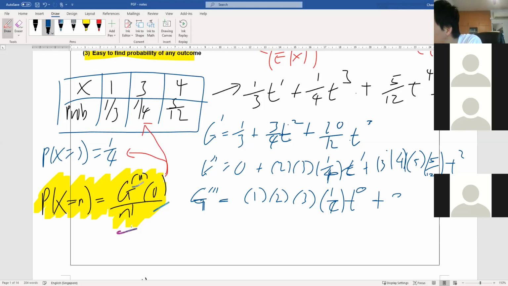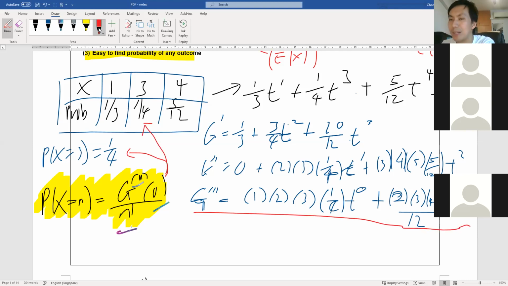Plus, then here is a 3, 4, 5 over 12, then a 2, 3, 4, 5 over 12 t to the power of 1 right now. Okay, after differentiating 3 times, I will get to this stage.